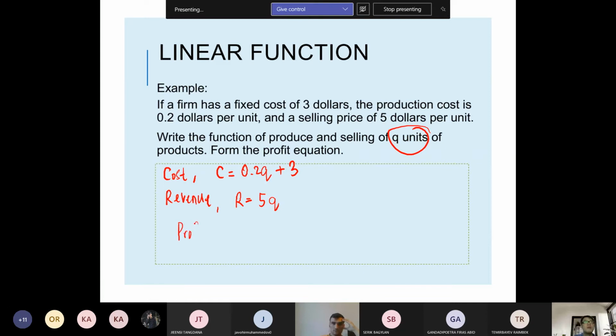And how about the profit? Now the profit will be the R minus the C. We'll have 5Q minus (0.2Q plus 3).